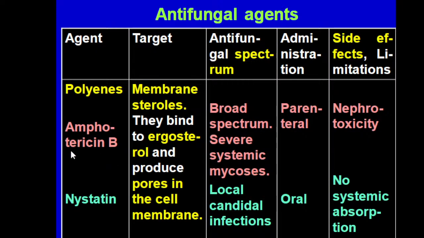By now, amphotericin B is recognized as the best one, and it's been used in treatment of very severe systemic mycosis. But it is nephrotoxic. Nystatin is used to treat local candidiasis. Administration can be oral or local, but no systemic absorption occurs.